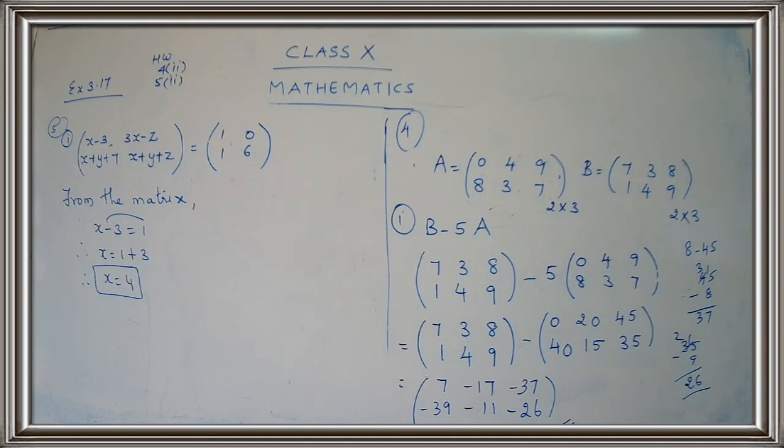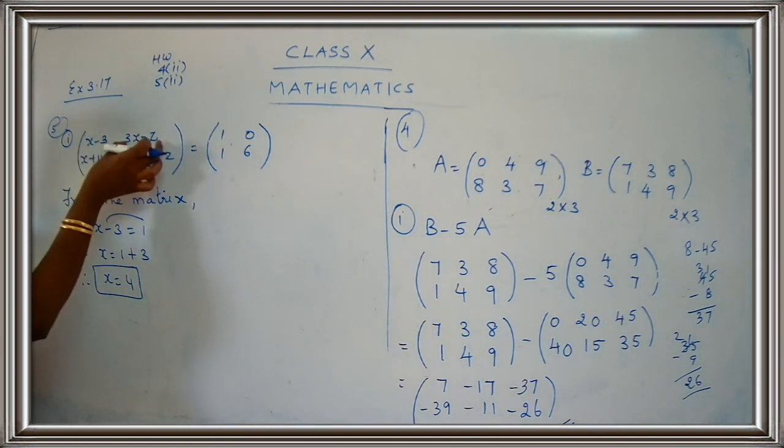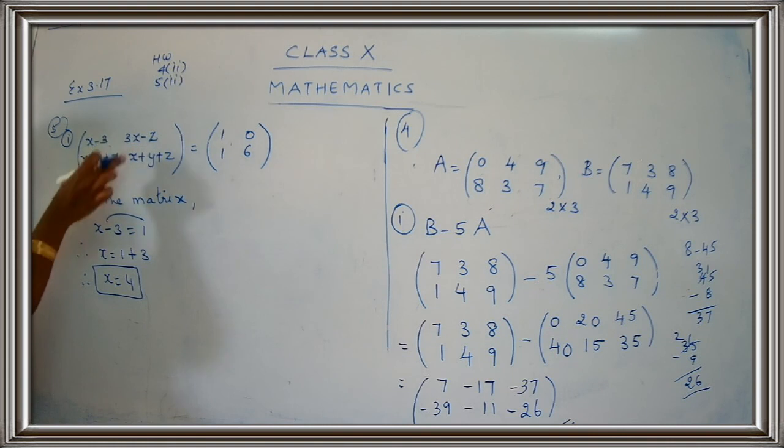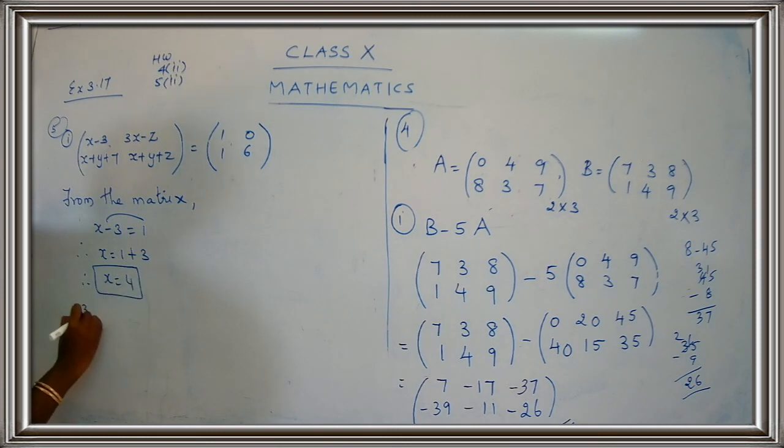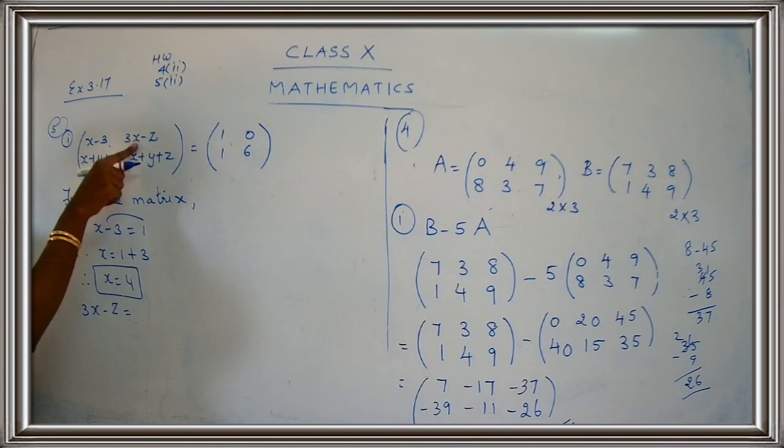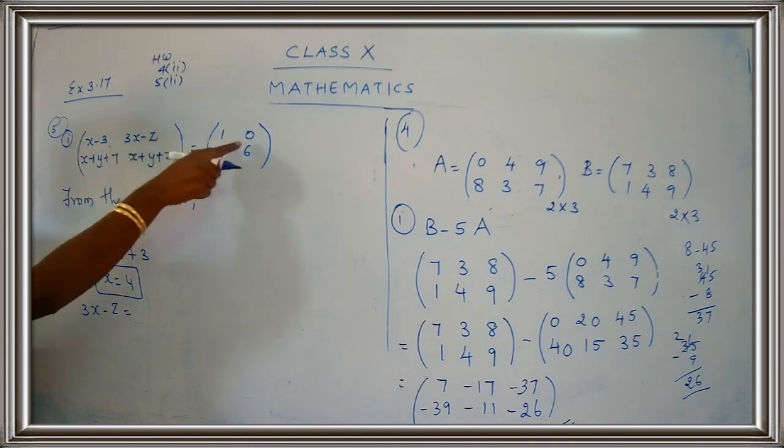Okay, now we are going to take the second element. The second element deals with x and z. Now I already know the value for x, so we can find out the value for z. 3x minus z is equal to, what is the corresponding value, children? It's 0.